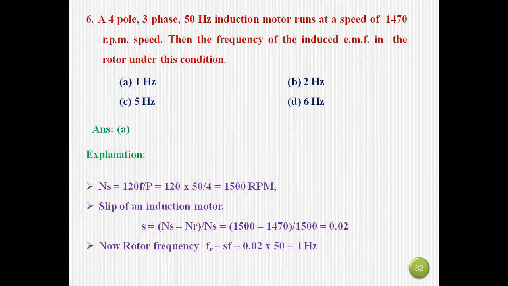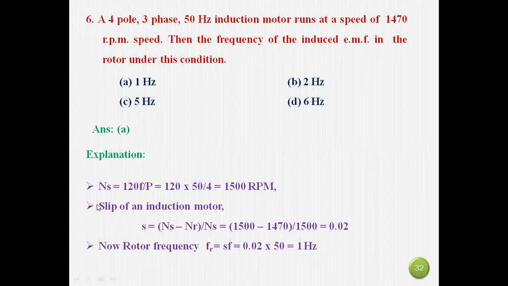We don't have the synchronous speed, but we can calculate it, because we have the formula 120 F upon P. If there is a theoretical question, you are supposed to write the answer on paper. In MCQs, you can directly tick the correct one. But in theoretical examinations, you write the given data: number of poles P equal to 4, F equal to 50 hertz, N equal to 1470 rpm, and Fr equal to question mark.